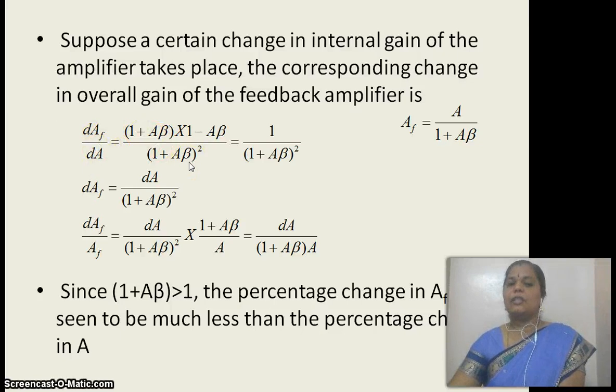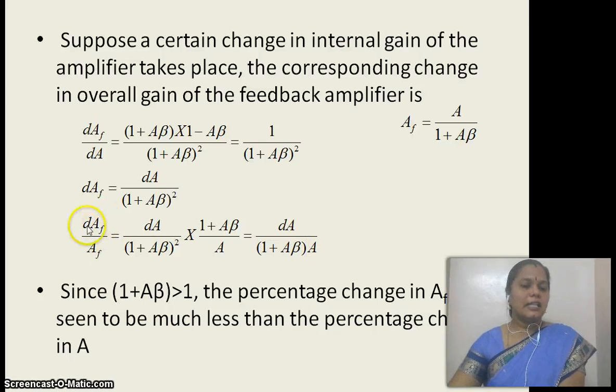Yes, you are right, (V dU minus U dV) divided by V squared. Differentiate U and V terms and you will be left with 1 by (1 plus A beta) the whole squared. And just by rearranging all the terms, and if you divide this dAF by AF on both sides, you will be left with dA by (1 plus A beta) times A.